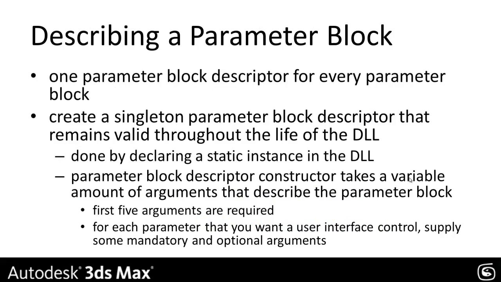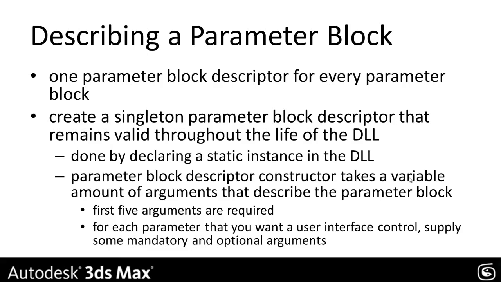So there's basically one parameter block descriptor for every parameter block. And within a parameter block there can be multiple parameters. And then you're going to create a singleton parameter block descriptor that remains valid throughout the life of the plugin, or the DLL. And this is done by declaring a static instance.